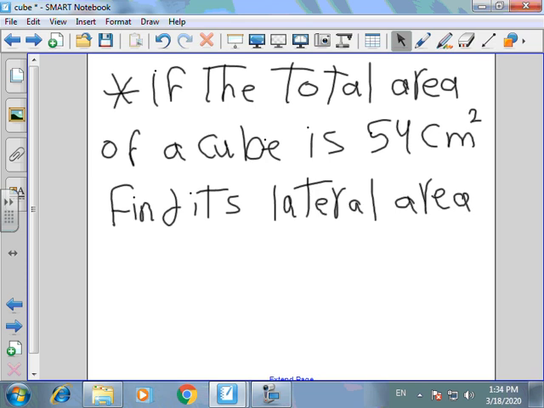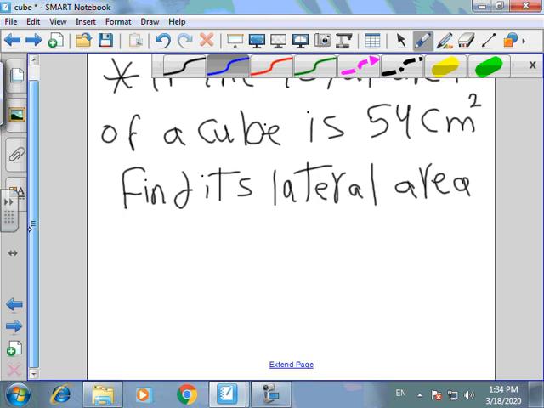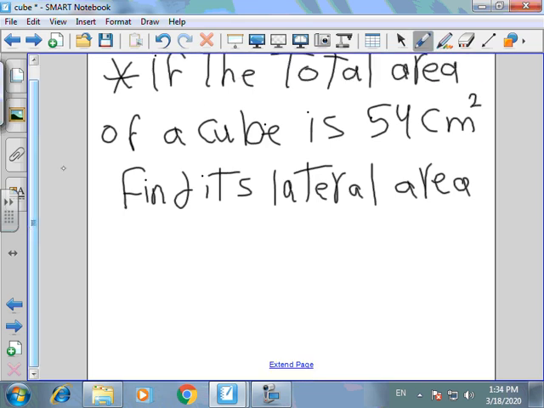He's giving us the total area and he needs the lateral area, right? How can we get the lateral area out of the total area? We can't, because we have to find the edge first. How can we get the edge out of the total area?